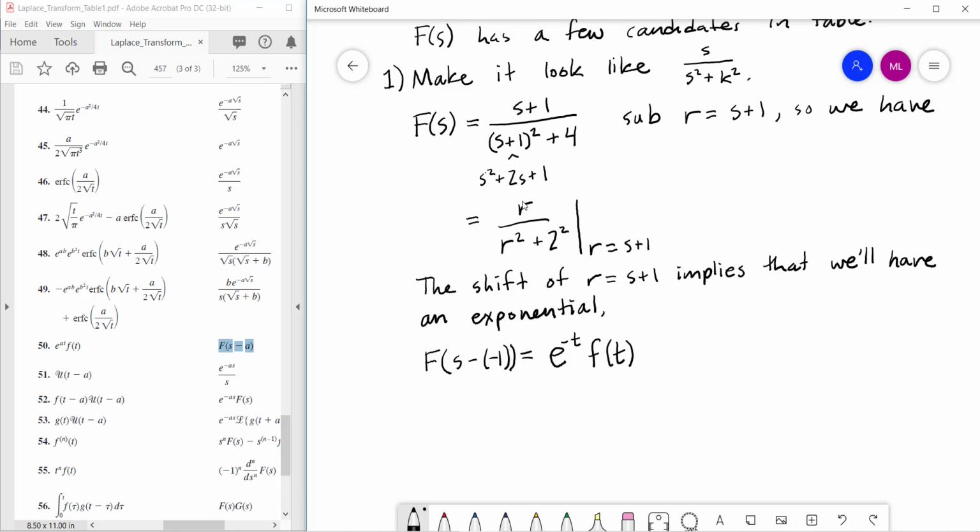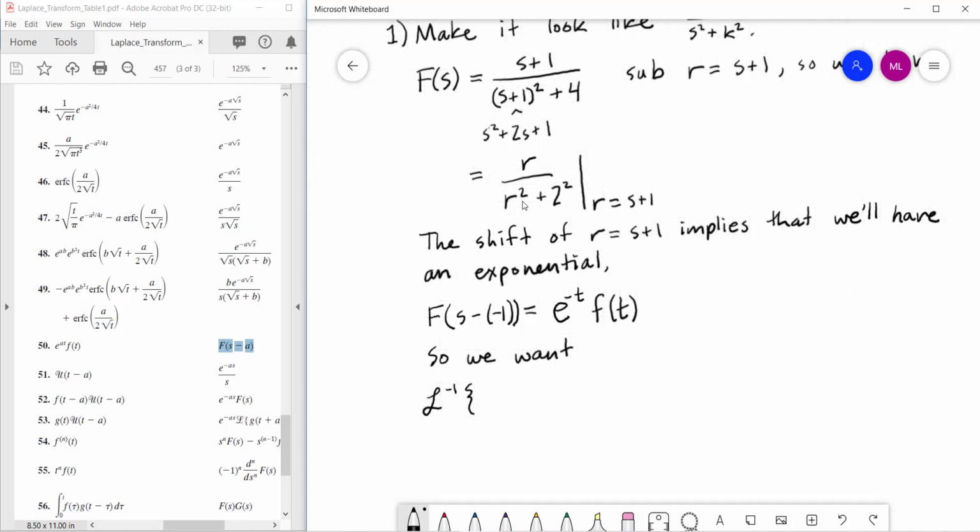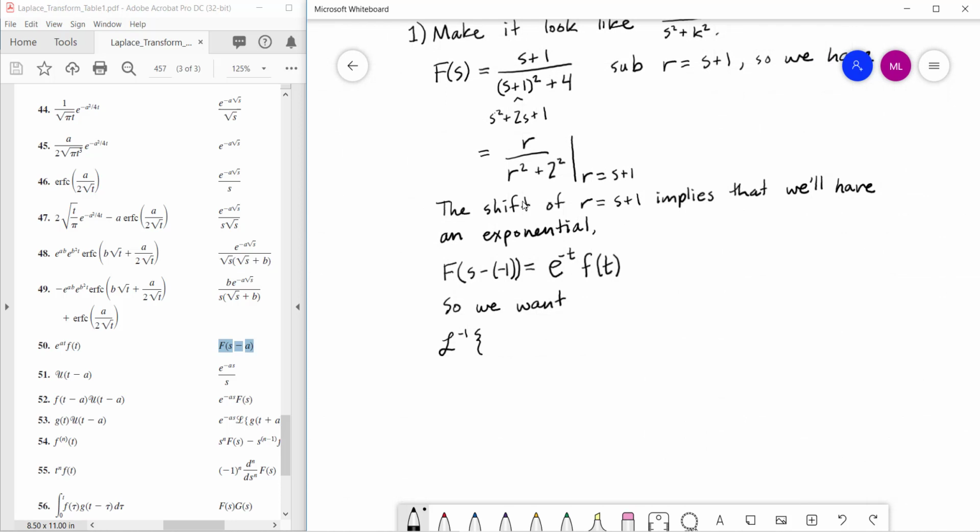Okay, so this gives us the following. The Laplace transform that we're dealing with, we want the inverse Laplace transform of, writing it cleaned up, s plus 1 over the quantity s plus 1 squared plus 2 squared.